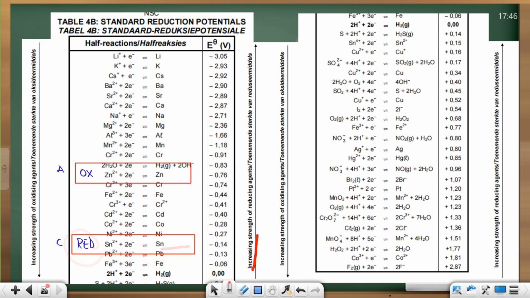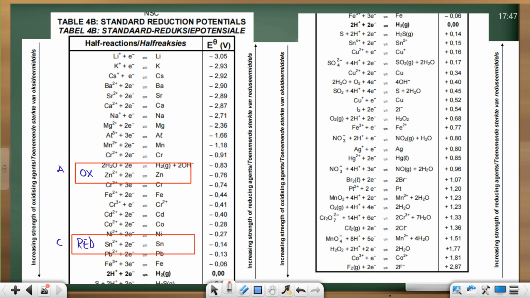Look at the arrow going up. Increasing strength of what? Reducing what? Agent. As I go up, it means this one is a stronger what? Reducing agent. And therefore it is oxidized. So both of them are reducing agents, but zinc is stronger. Remember what I said last week?